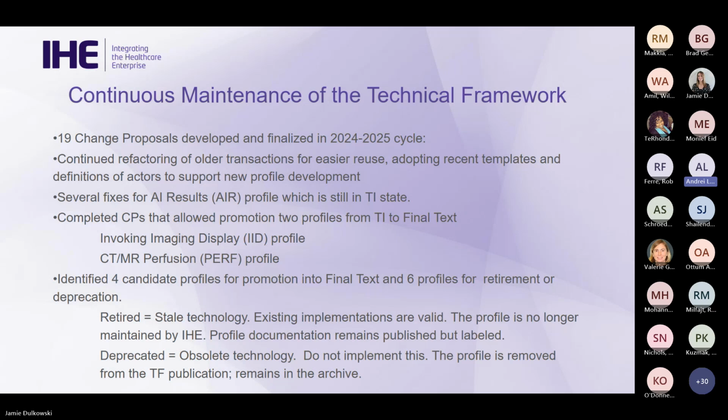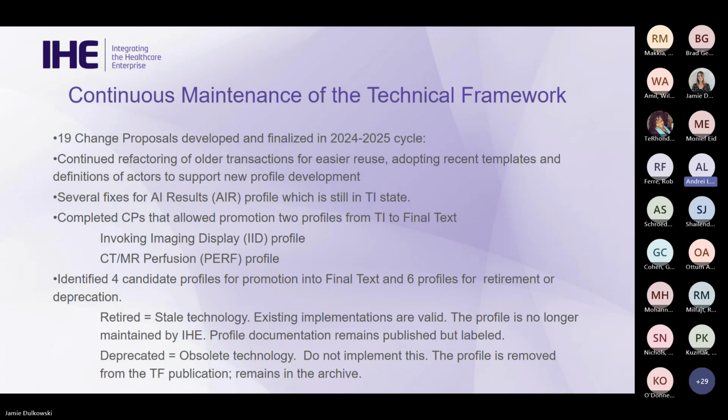Alongside the development of 3 very notable profiles, we finalized 19 change proposals. Most of them are targeting very specific needs and improvements in the framework. We continued refactoring the older transactions so they could be easier reused in development of the new actors and transactions in the new profile development.